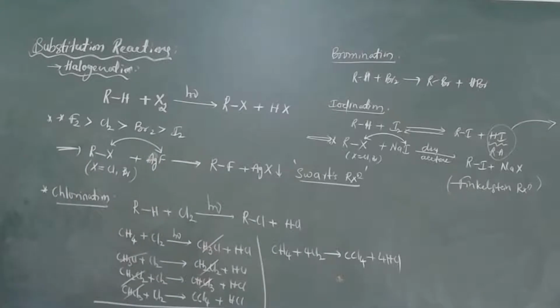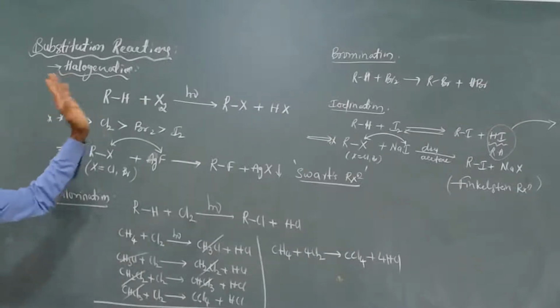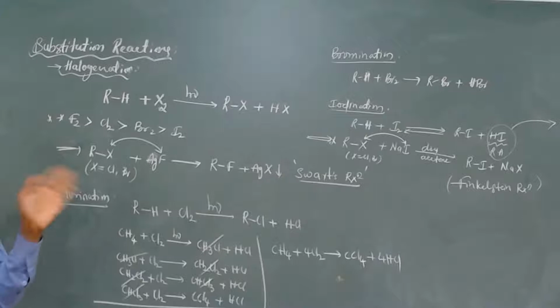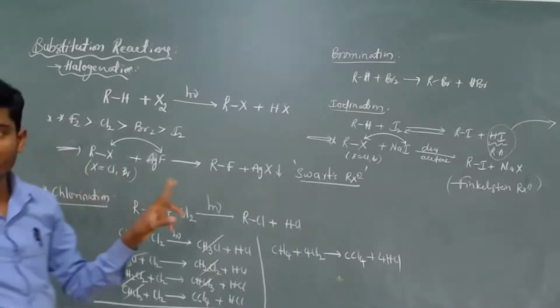Now let's see the mechanism, how these reactions take place. First, in halogenation: fluorination, chlorination, bromination, iodination. Fluorine substitution is a very fast, vigorous reaction that cannot be controlled, so we do not carry it out. Chlorination and bromination are fine.